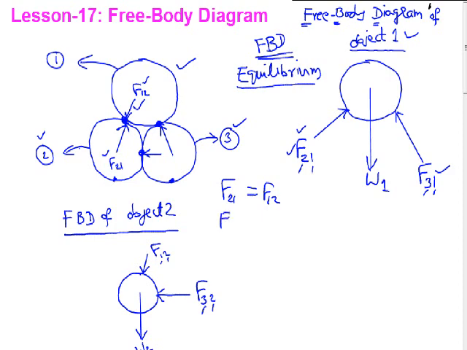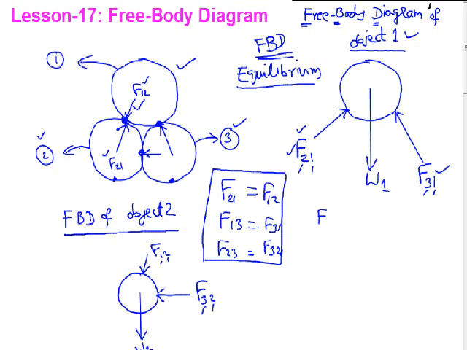Similarly, you can say F13 is equal to F31, and F23 is equal to F32. We may use these to progressively solve for unknowns in a system.